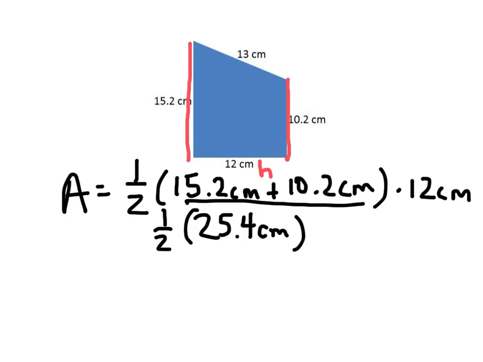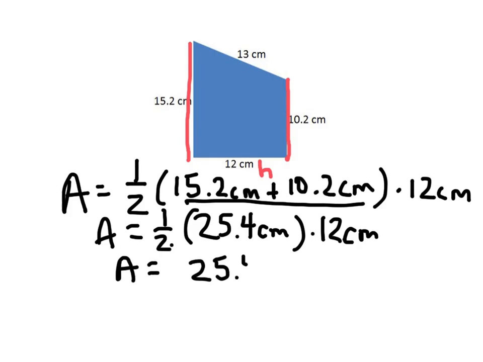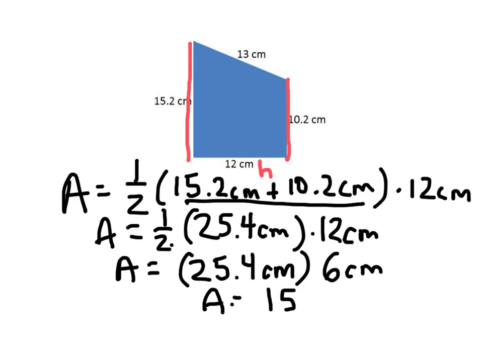That's being multiplied by 1/2 or divided by 2, same thing. And then times it by 12. I'm going to go 1/2 times 12, that would be 6. So 25.4 times 6 would give me the answer. It's 152.4, and it's centimeters squared.